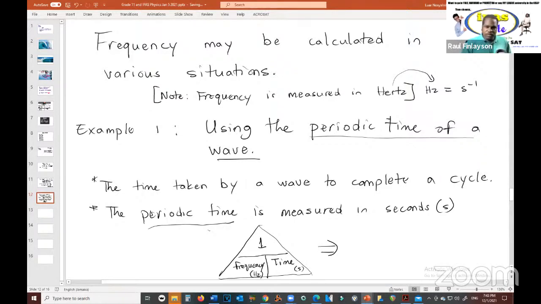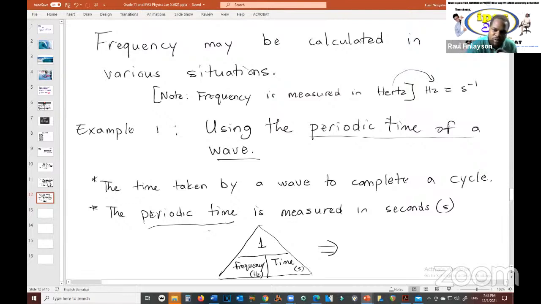All right. So again, we have two ways to calculate frequency at CXC level. And one method is to use the periodic time of a wave. In reality, this doesn't really apply in real life. I don't see where in real life you would want to know the periodic time of a wave.